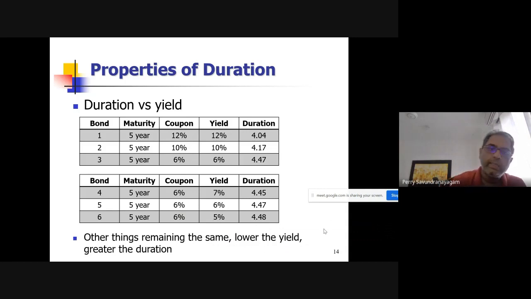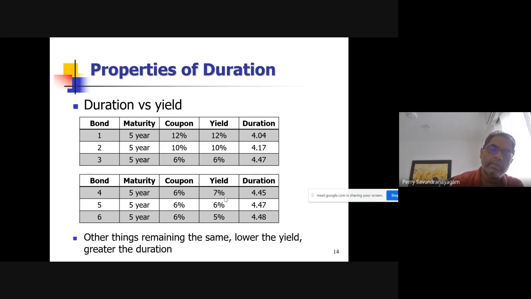So if the yield is less, the duration will be more. If the yield is higher, the duration will be lesser. Because when the yield goes up, the price comes down. Yield comes down, the price goes up.